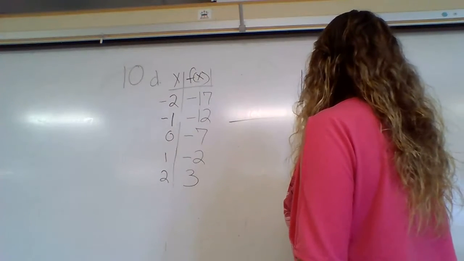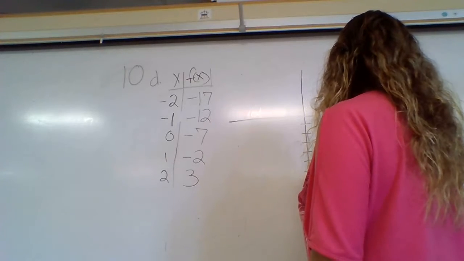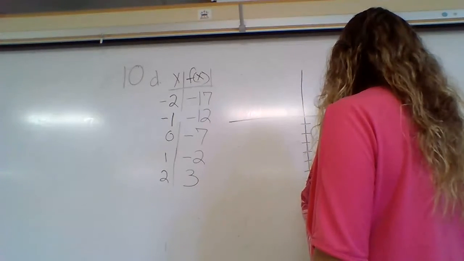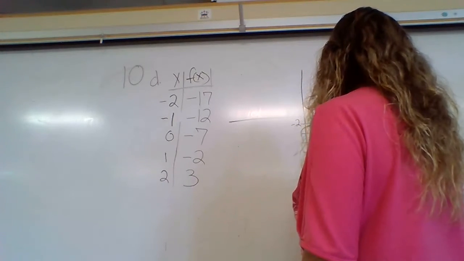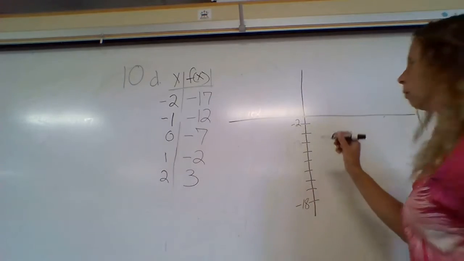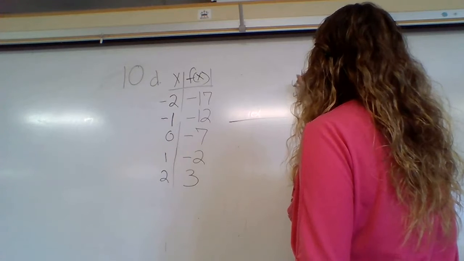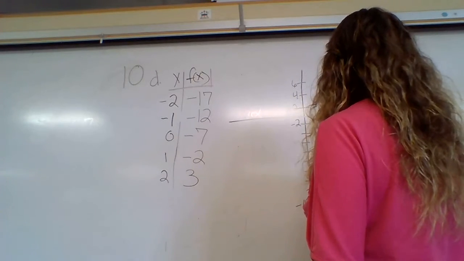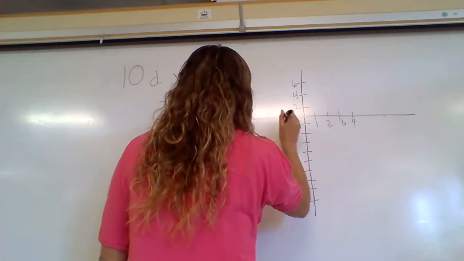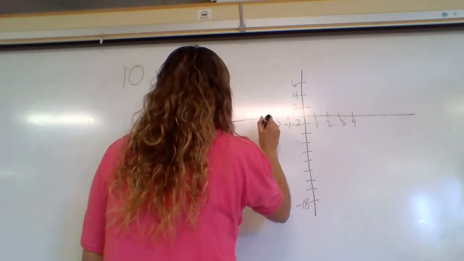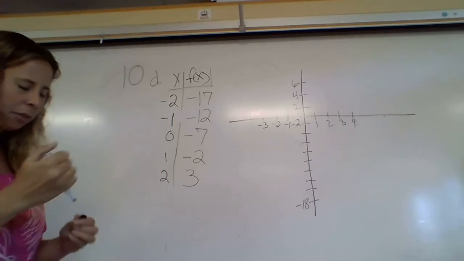I don't know, we'll go 2, 4, 6, 8, 10, 12, 14, 16, 18. That's negative 2. That's negative 18. And then this is positive 2, positive 4, positive 6. And then 1, 2, 3, 4. Negative 1, negative 2, negative 3, and so on. Hopefully you can see that enough.